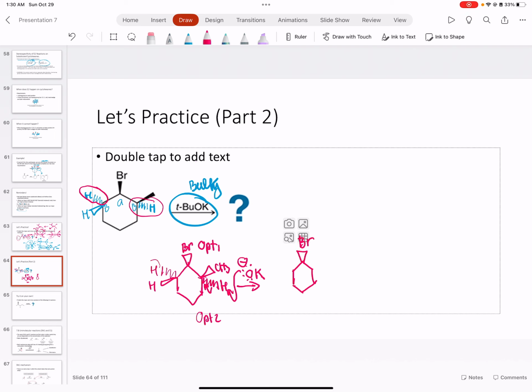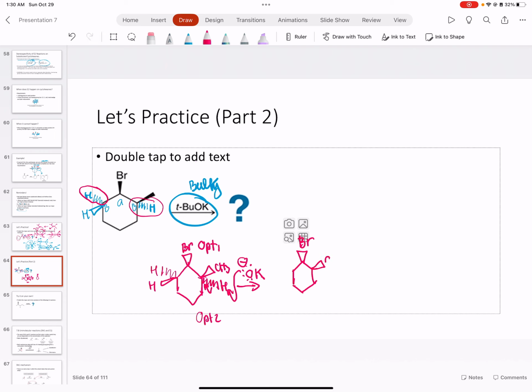I don't really gonna take this into account for my option 1, just because they're hydrogens and we're not really interacting with them for now. At least for option 1, we're not interacting with it. So then, therefore, I don't really need to put them when I'm doing the reaction.